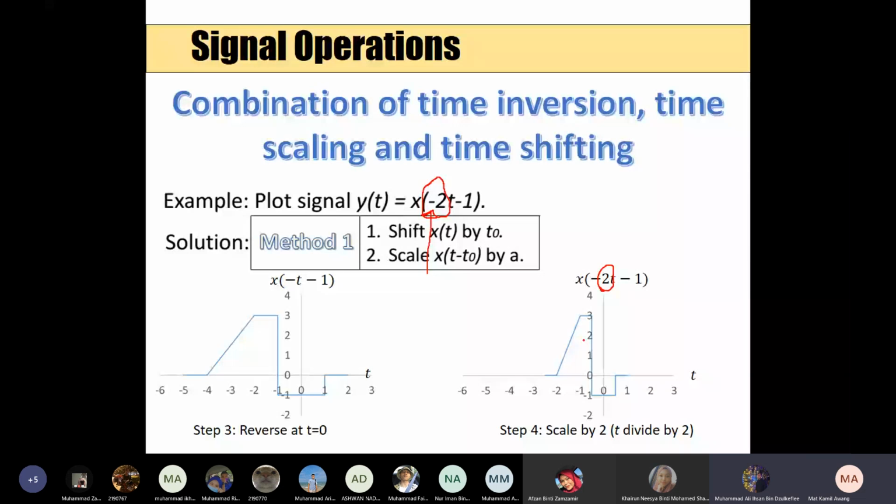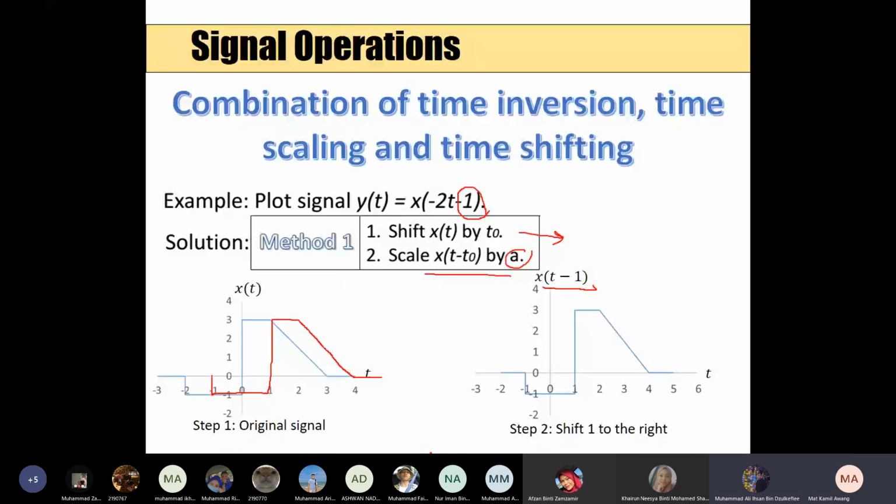The magnitude of a is greater than 1, therefore it is compressed. So that's why it becomes compressed, smaller. Any question? So basically here, you do the shifting by minus 1.